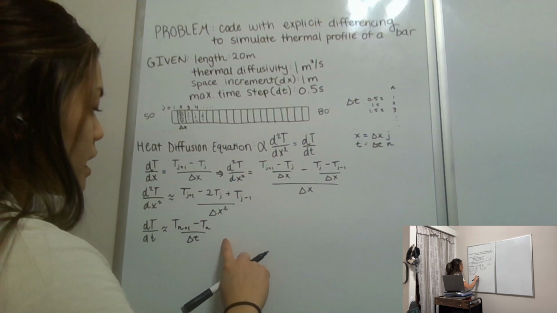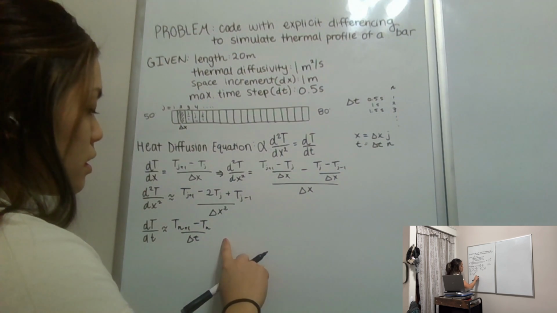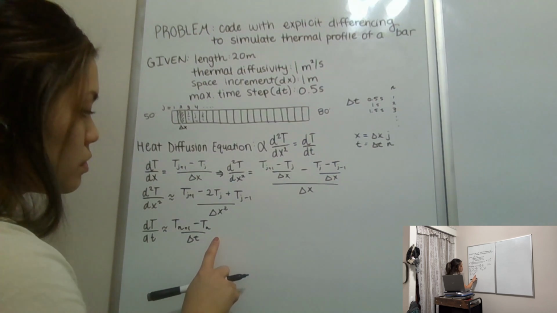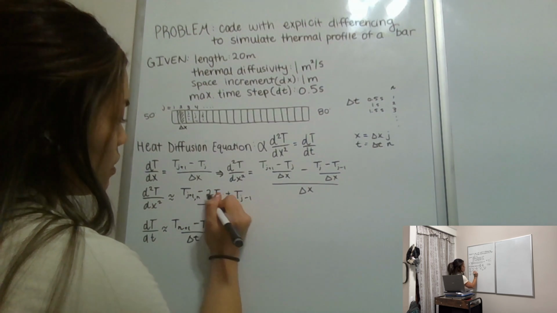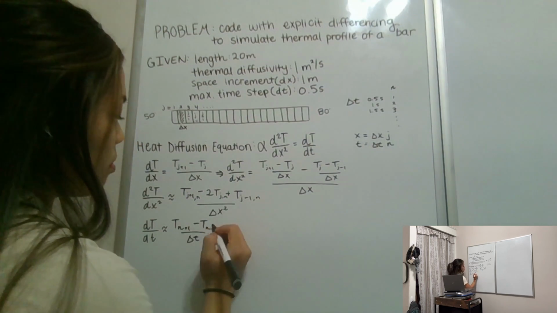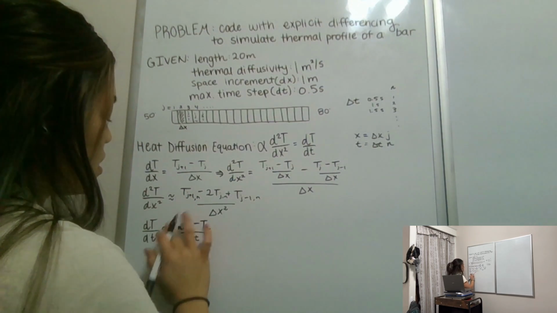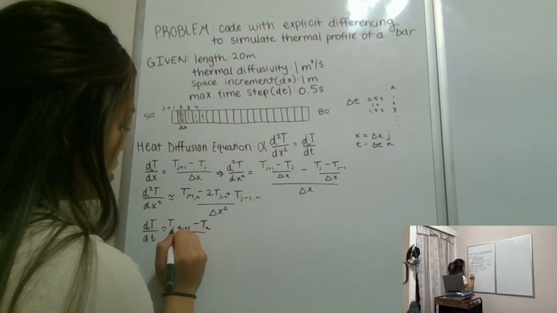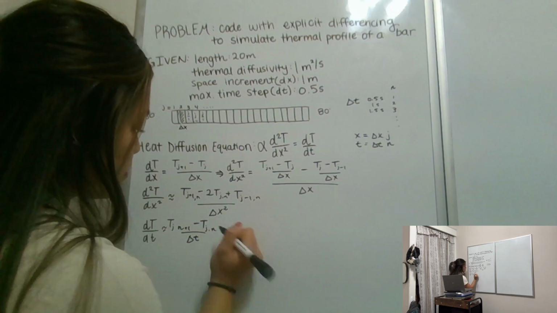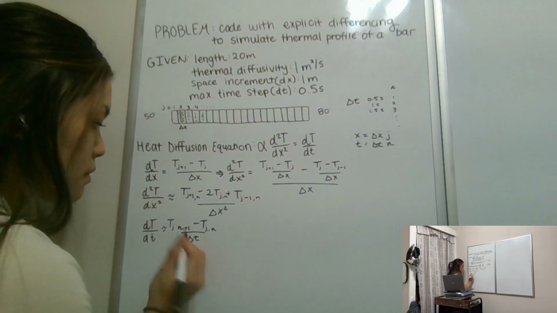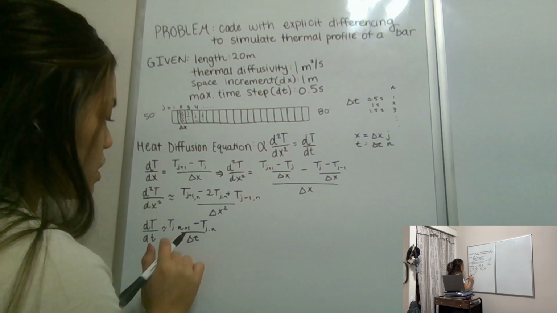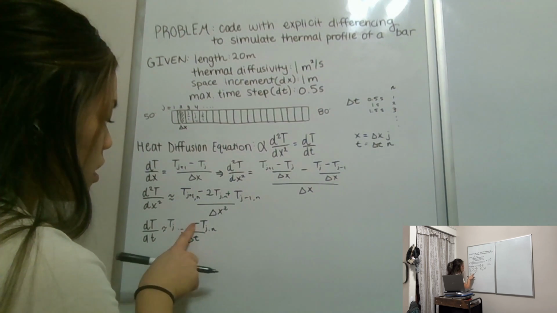These temperatures are all at the same position, so we can label them all at the counter n, and these would all be at J.